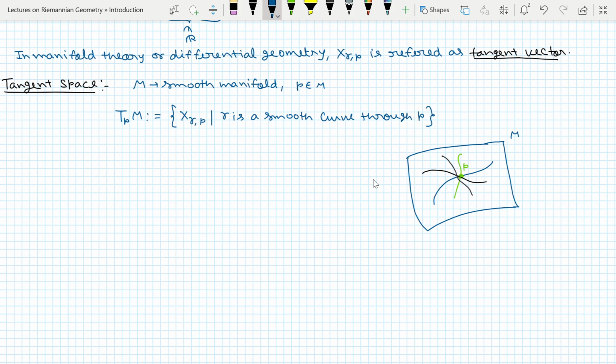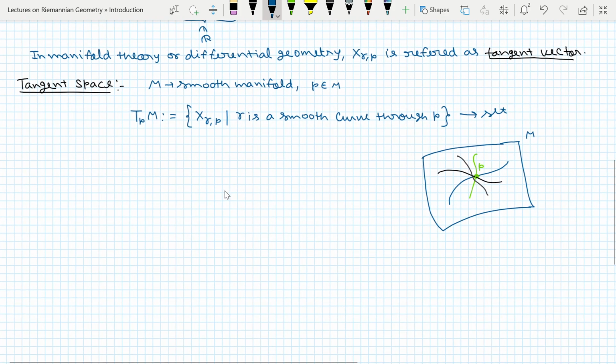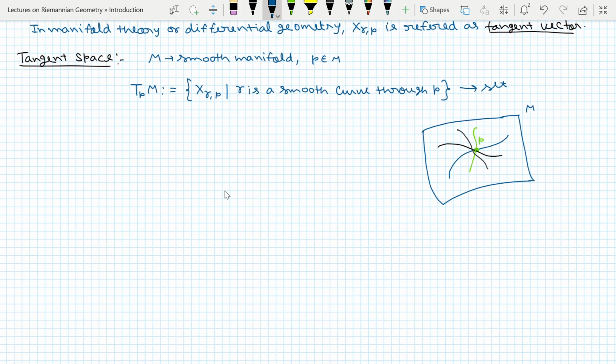Right now, this is just a set. For a set to be a vector space, you need two operations. This is just a bare set right now. Now we are going to define two operations here. First one is, like before, the addition. How do we define it?